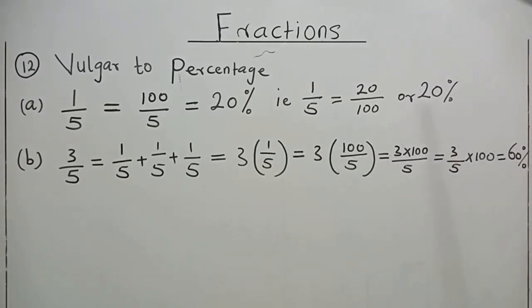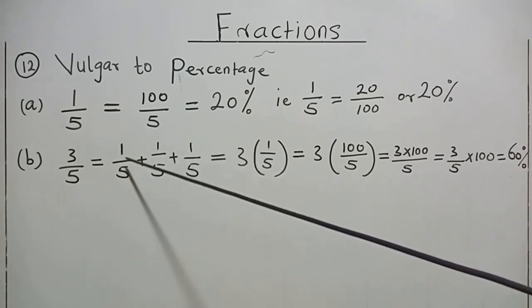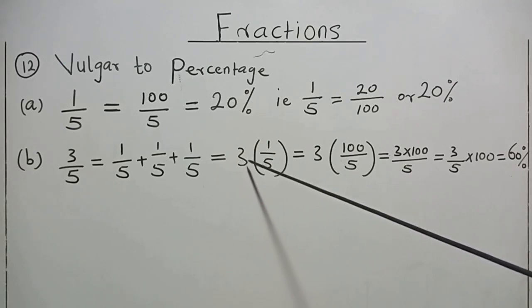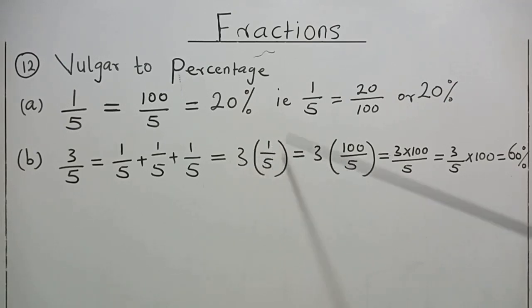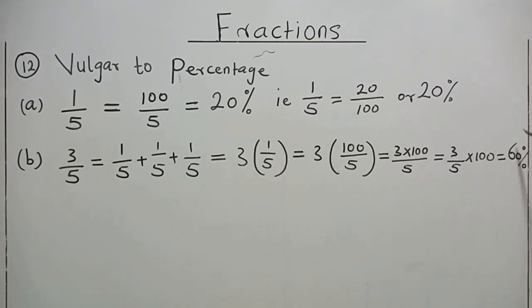At the point where I just said that 1 over 5 plus 1 over 5 plus 1 over 5 is equal to 3 times 1 over 5, having known that 1 over 5 alone is equal to 20%, I would have just placed 20 here to say 3 times 20, and that will give us 60%.